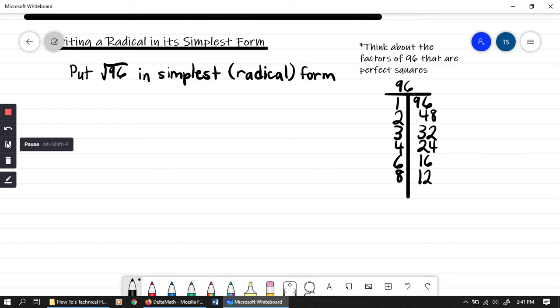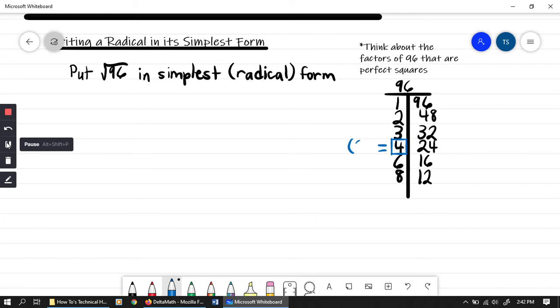And so if we consider those factors that are perfect squares, when I look at these here, I do see a few perfect squares. I see here 4, which is a perfect square, because 4 can be written as 2 squared.